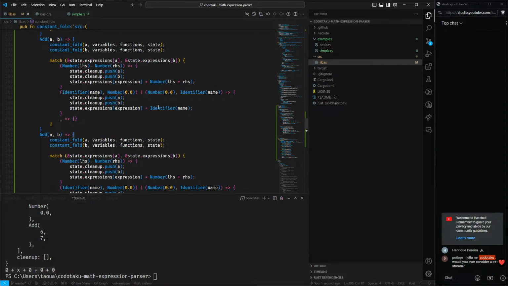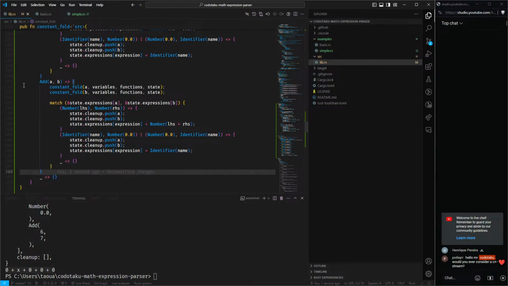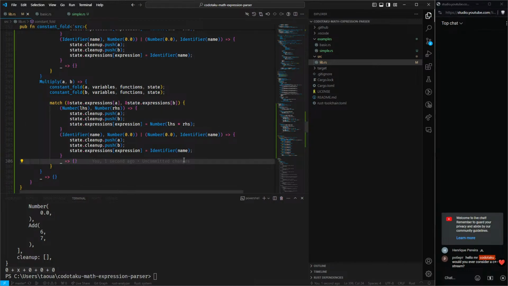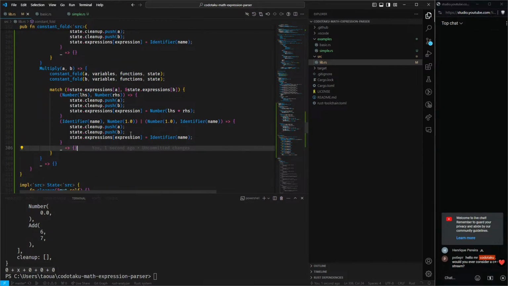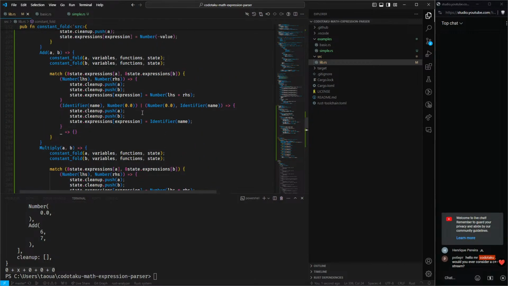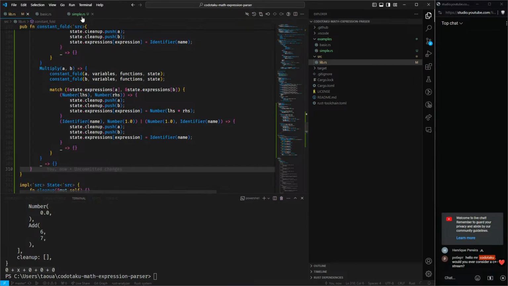I guess I would honestly rather not, but anyways, so here we got the multiply A and B. Of course, you've got number, then multiplication there. Otherwise, we go with 1 here, 1 here, right? So that's the actual identity of multiplication. And there you go. And of course, the order doesn't matter when it comes to multiplication and addition. So that's great. I think that's basically it for that one.